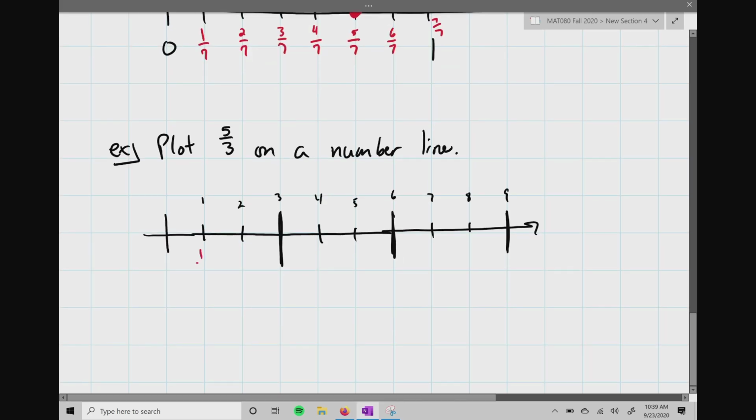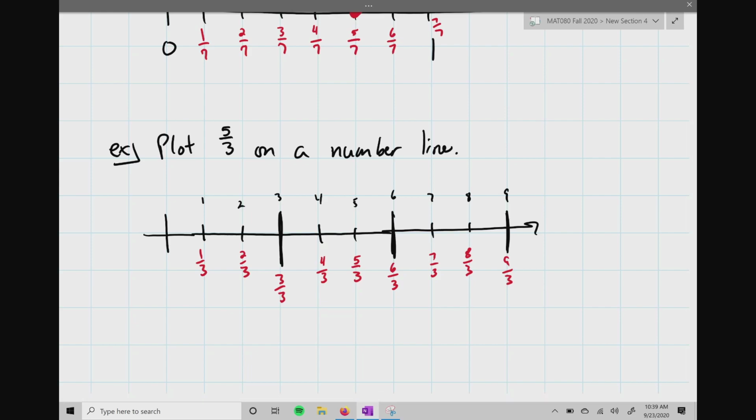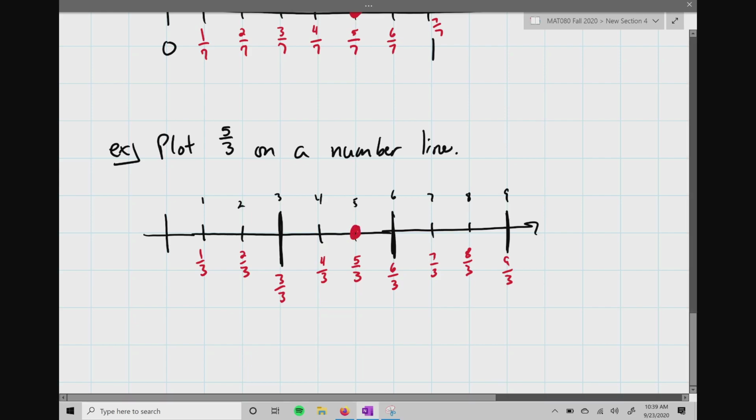So this is 1/3, 2/3, 3/3, 4/3, 5/3, 6/3, and so forth. So I'll just finish it. All right. We wanted what? 5/3? So that's going to be right here.